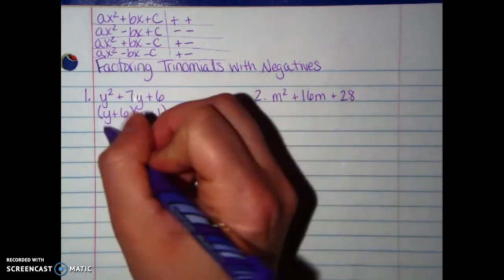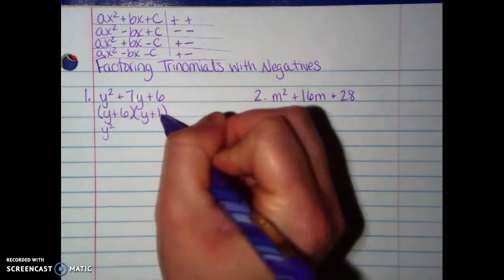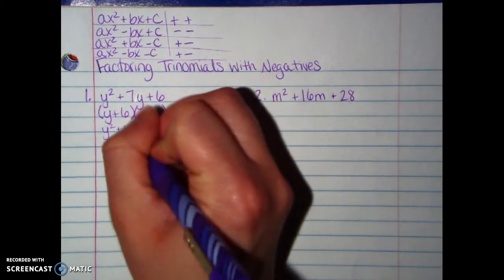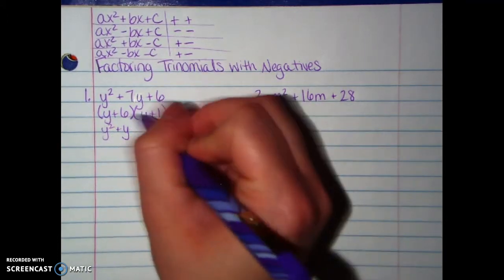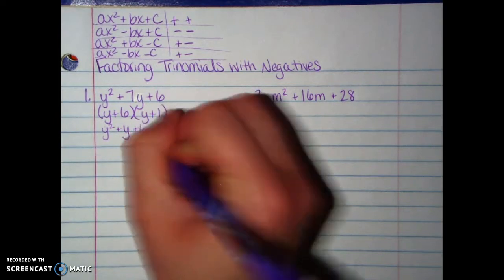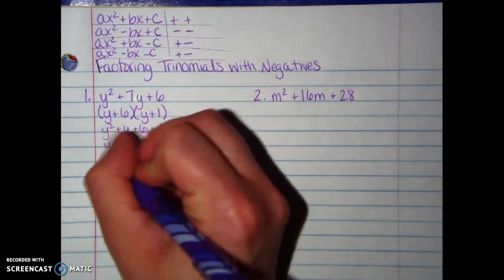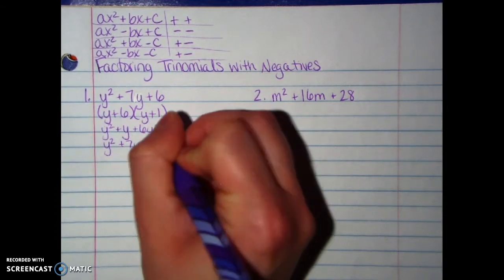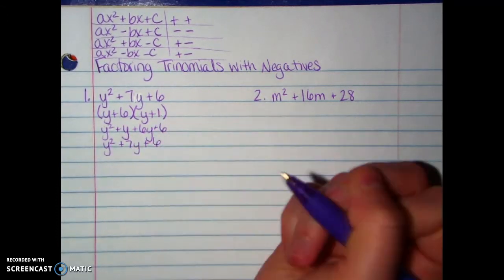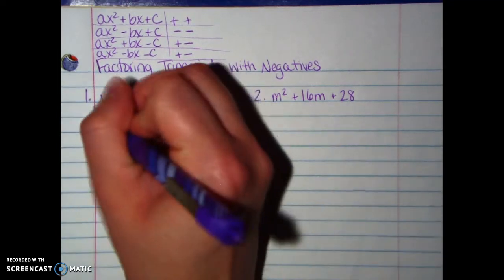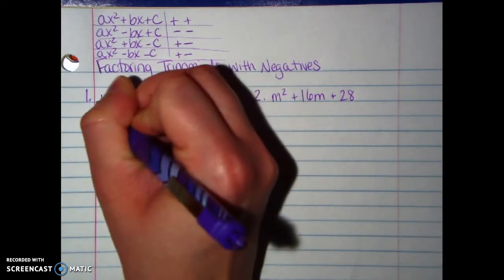Y times y is y squared. Y times 1 is 1y, or just y. 6 times y is 6y, and 6 times 1 is 6. If I combine like terms, I get y squared plus 7y plus 6, which is what I started with. So I'll go back up here and box my answer.